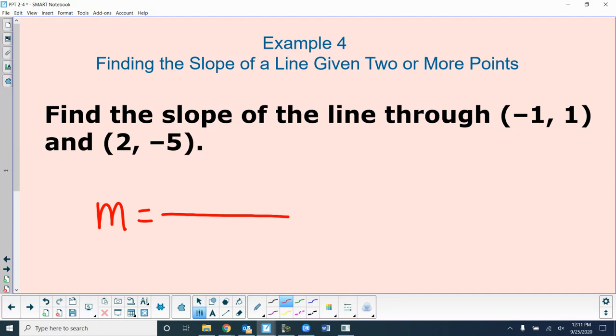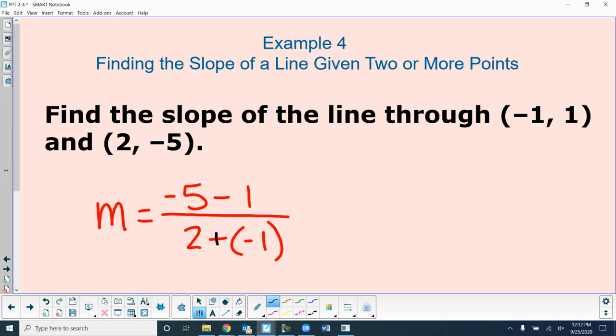-5 minus 1. Good. And then it would be -1. Good. Wait. 2 minus 1. So it would be +1. Yeah, it becomes +1. Minus a negative is plus, right?